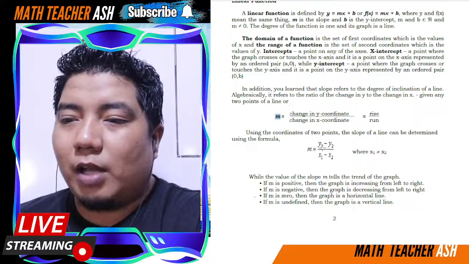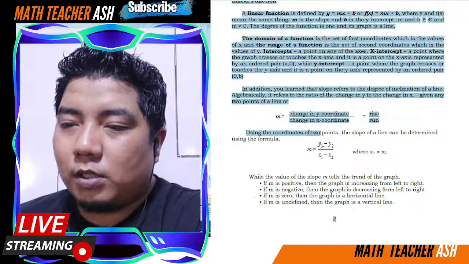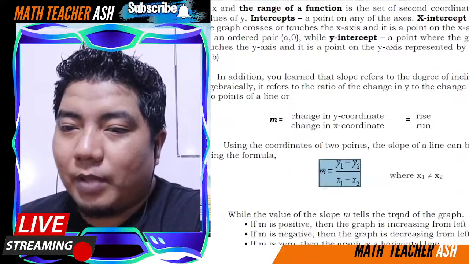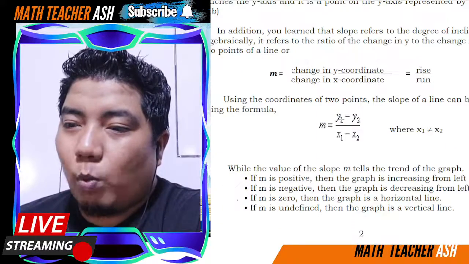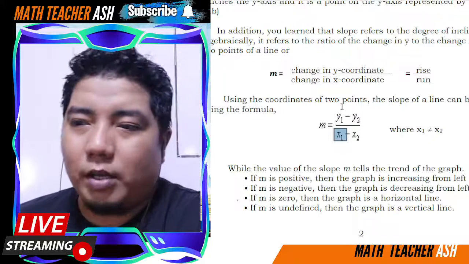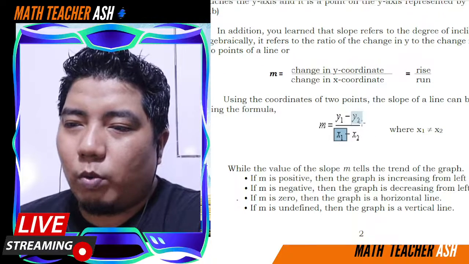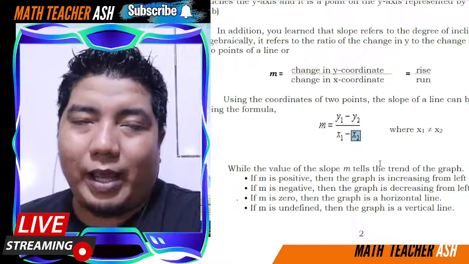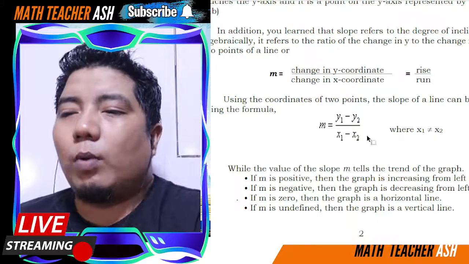Regardless of which comes first, as long as if you start with y sub 1 on top, you also start with x sub 1 at the bottom. If you follow it with y2, you follow it with x sub 2 below. Okay? Now, what does this mean?